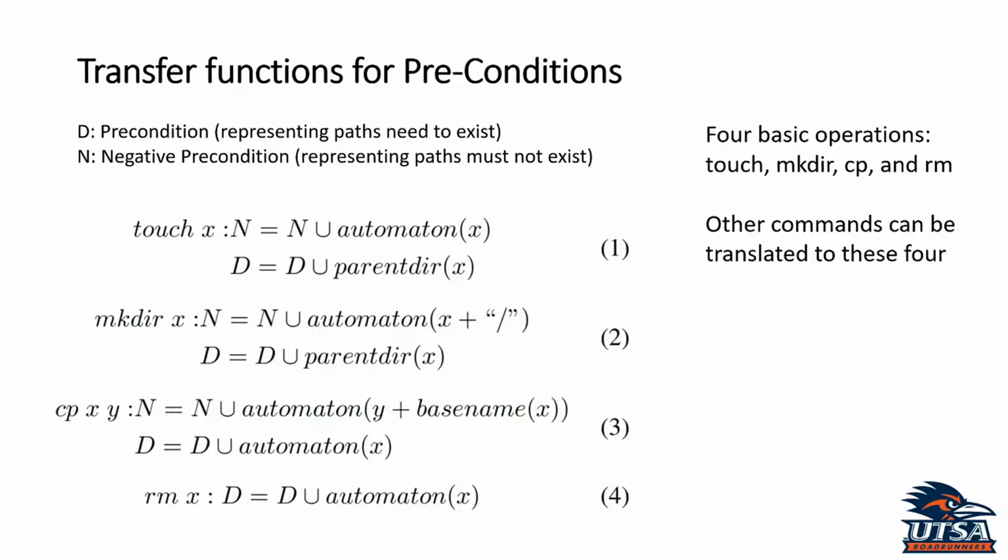Similarly, we have rules for make directory, copy, and remove. For example, in copy X Y, the Y folder plus the base name of X must not exist, but X itself must exist.